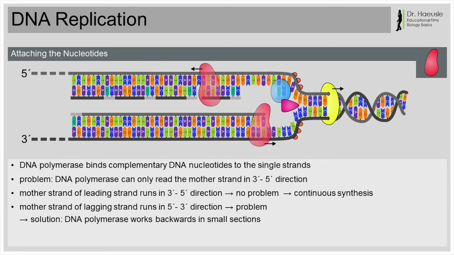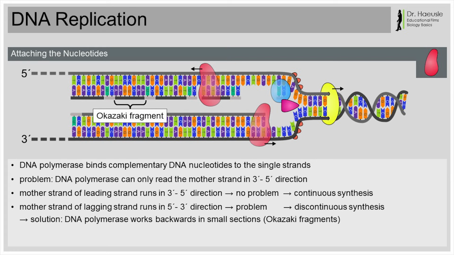The DNA polymerase builds the lagging strand in small sections or fragments. These sections are known as Okazaki fragments. In prokaryotes, they are about 1,000 to 2,000 nucleotides long. In eukaryotes, 100 to 200 nucleotides long. The lagging strand is copied discontinuously.